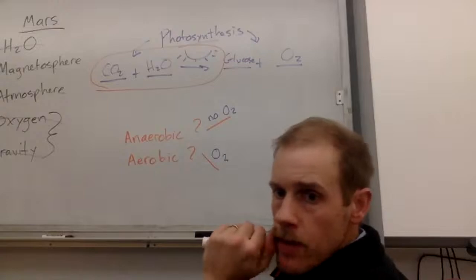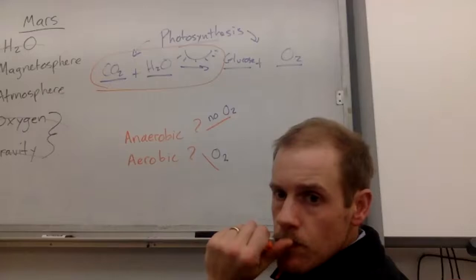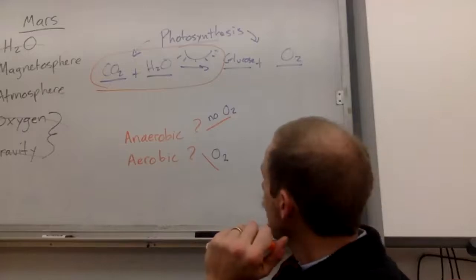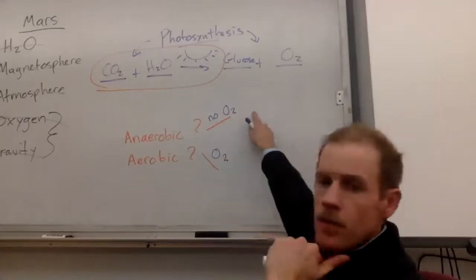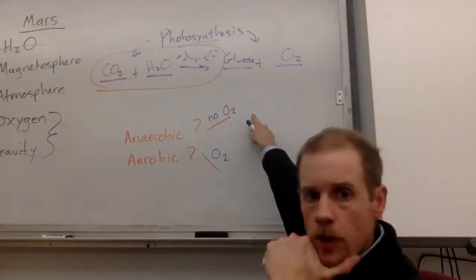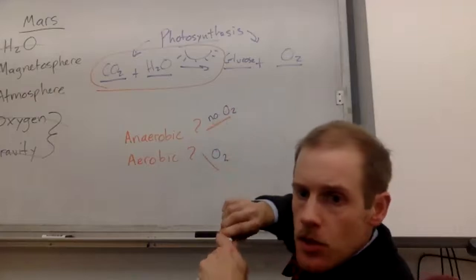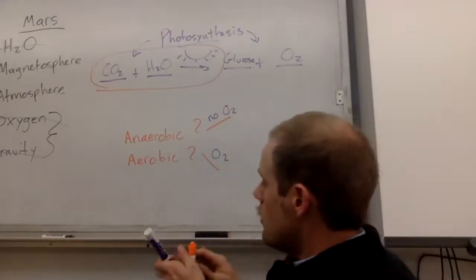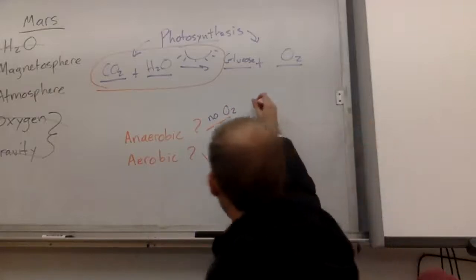So yeah, Lily, it's the muscle cells that do that. So what's the word for this process without oxygen? Yeah. Cells turn to fermentation. Good. So with no oxygen, we move to fermentation.